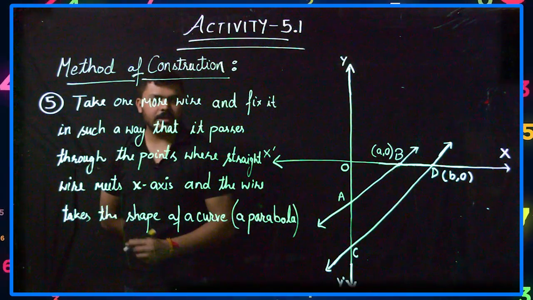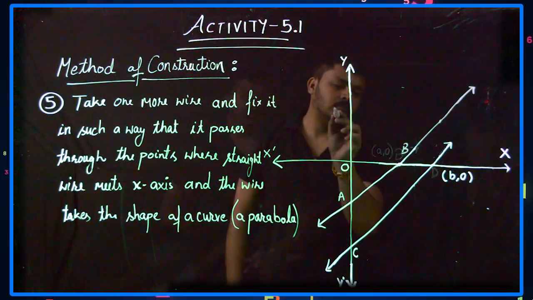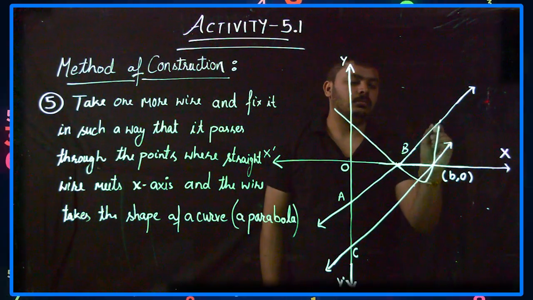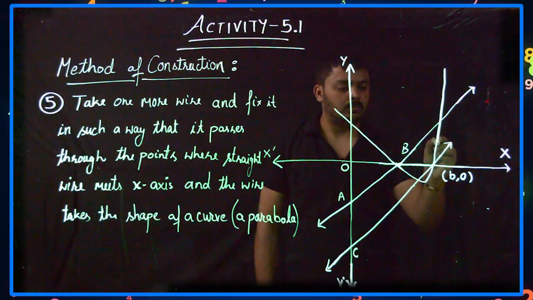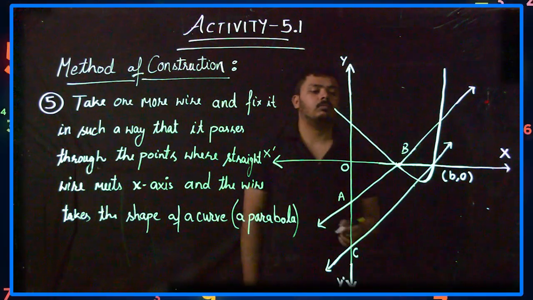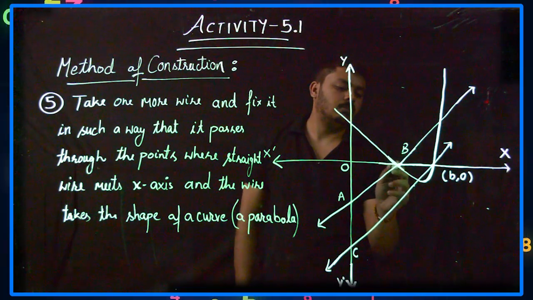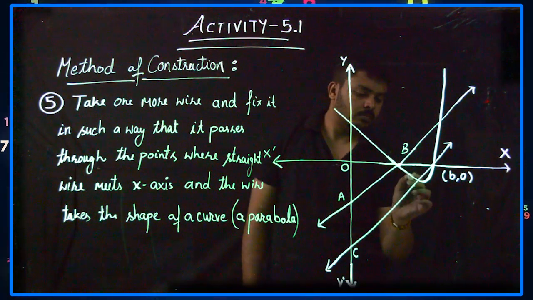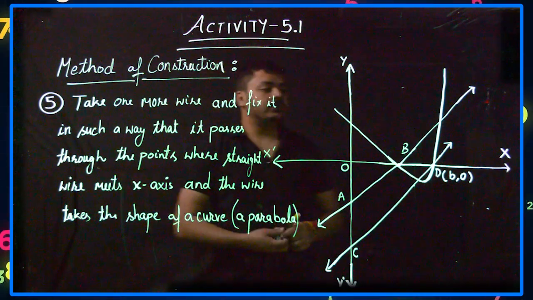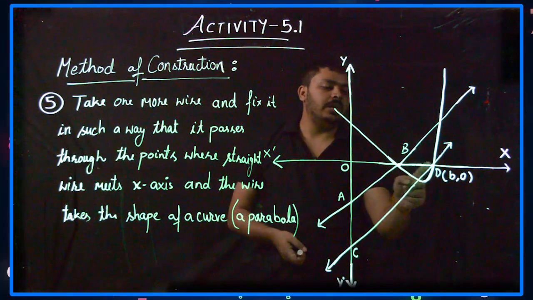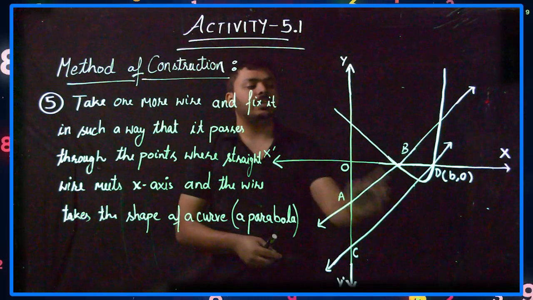So let's construct that curve. In this way, we have drawn a curve that passes through both the points, point B and point D, and takes the shape of a parabola.